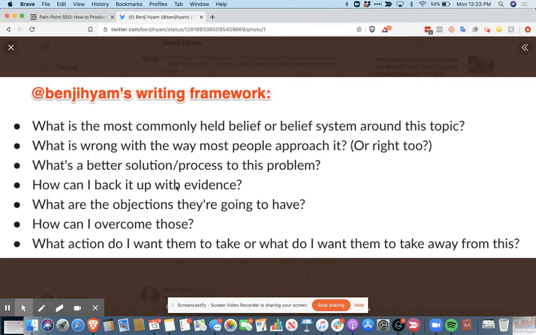So it backs up the argument of this blog post with evidence saying that intent is the most important thing, not volume. What are the objections that they're going to have? So they're going to object to everything, but it can't really be objected to if you just show the data.